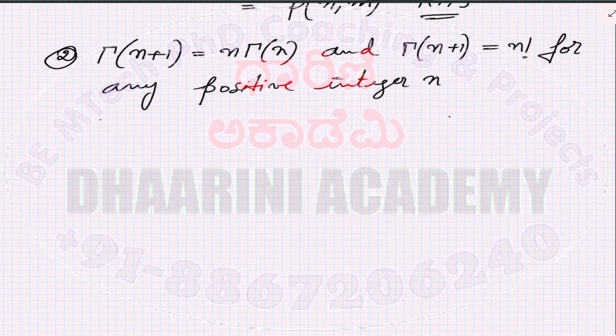The definition of the gamma function says gamma of n is equal to, and I'm going to use one of the definitions which we have seen, the integral from 0 to infinity of e to the minus x into x to the power n minus 1 dx.